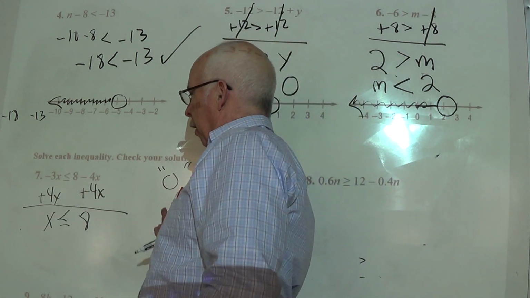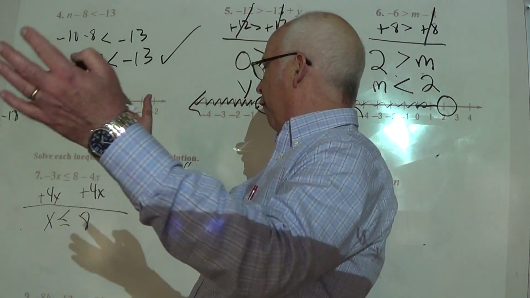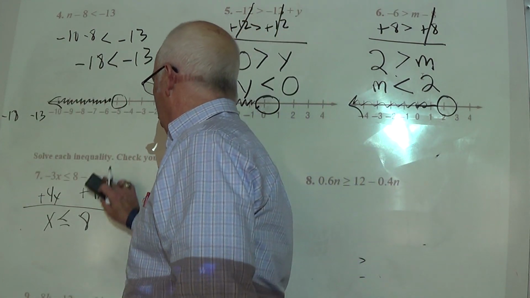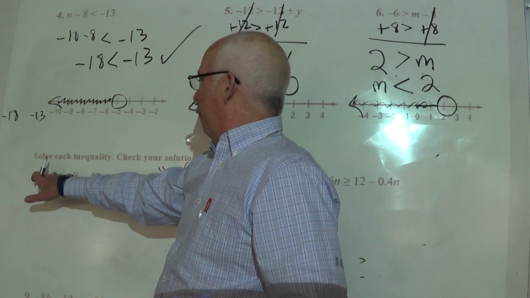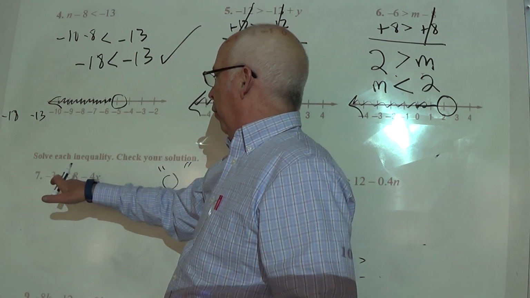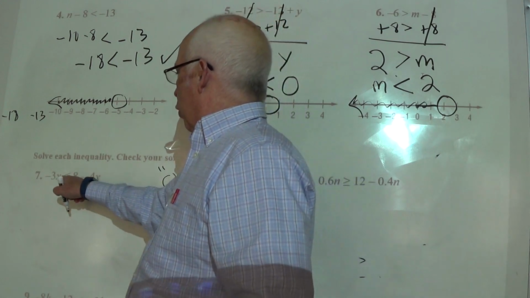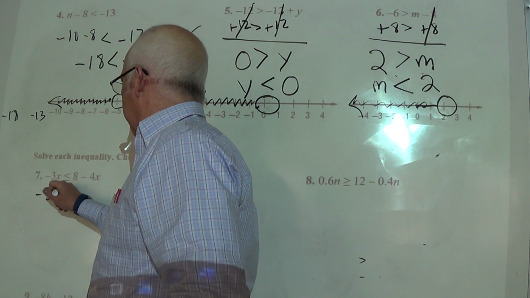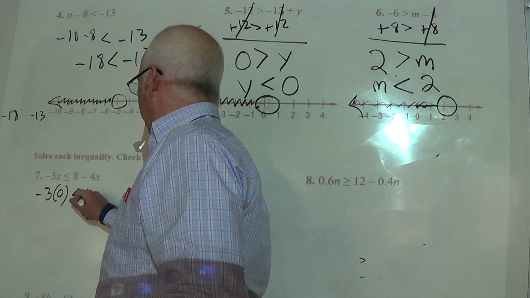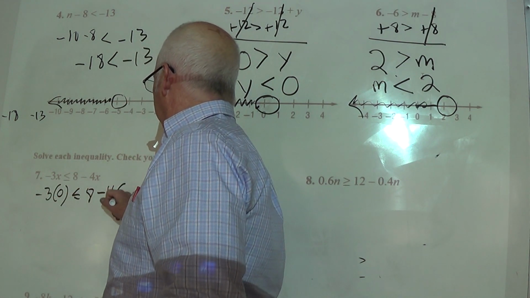It's 8 and anything smaller than 8, which has an infinite number of possibilities. So let's plug 0 into this calculation, and what we should have on this side should be a smaller value than what we have on this side. So if I plug in 0, every place it says x, I have negative 3 times 0 is less than or equal to 8 minus 4 times 0.